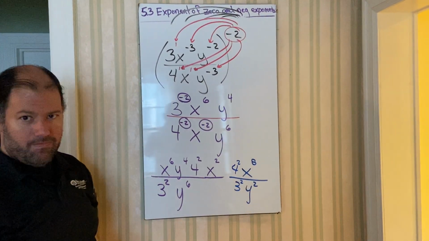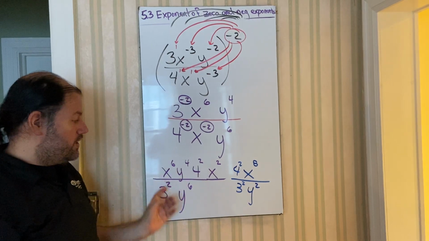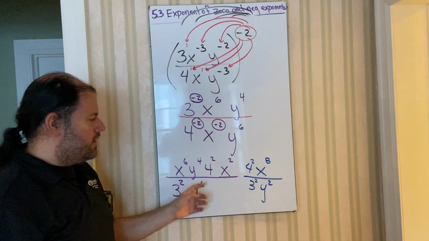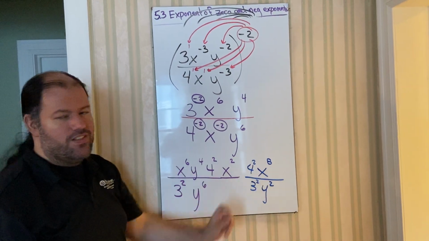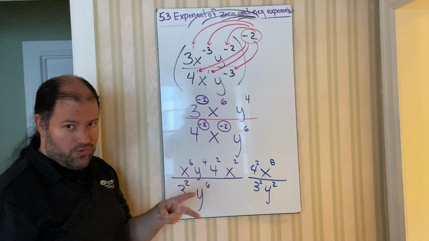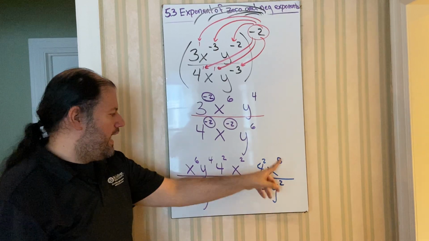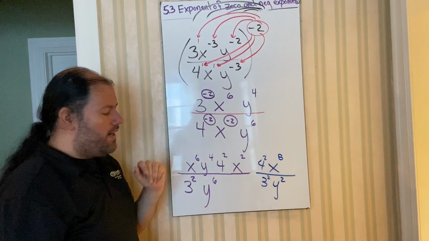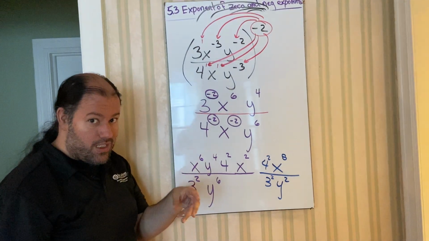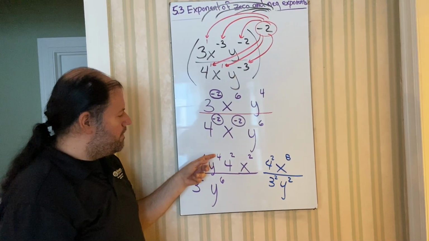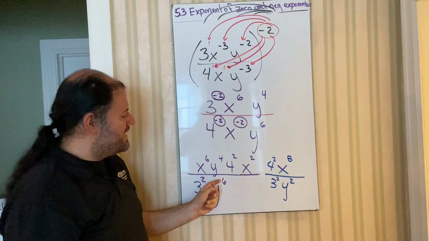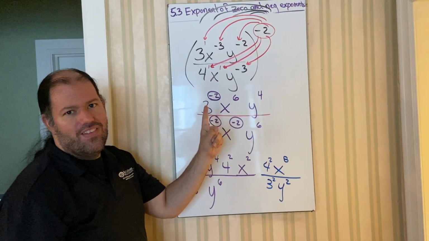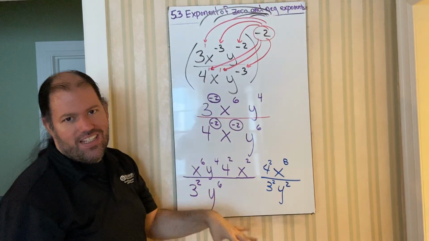When I ask my questions about where I have more, top or bottom, and by how much more, you'll always have positive exponents. By asking those 2 questions, you're not going to have negative numbers to worry about. That's why I don't like the quotient rule too much, because you have to remember 4 minus 6 means you would have y to the negative 2 on top, and then you would have to get rid of the negative 2.